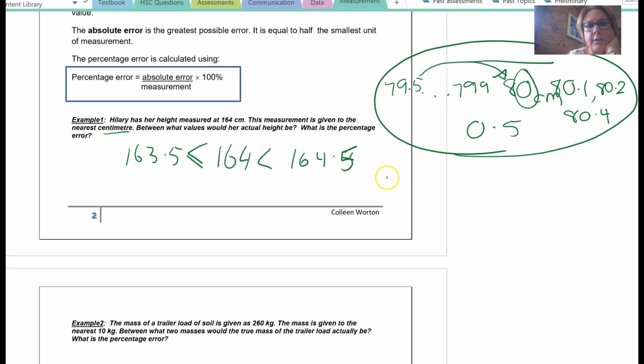What is her percentage error? Well, the percentage error is the absolute error, which is half of a centimetre, over 164 times 100. Let's get out my calculator.